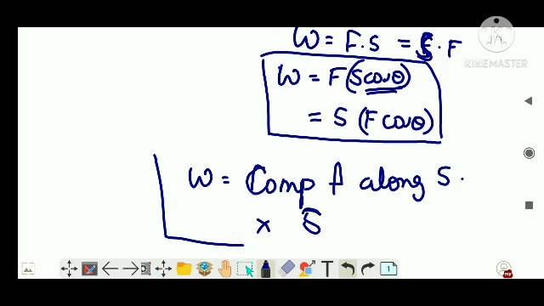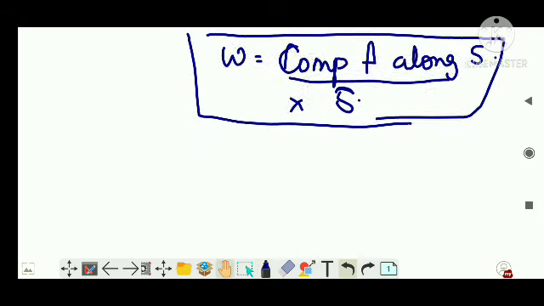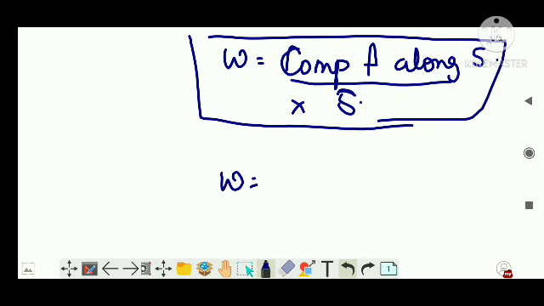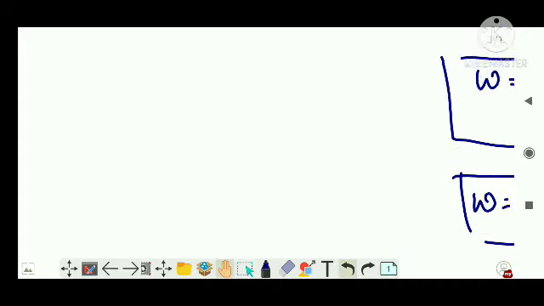That is what we wrote earlier, that is F cos theta. The component of F along S is F cos theta, into S. That's how we learned. Now we can even write work as force into the component of displacement along force. Both are correct. That's what I meant. Clear? Now let's move on to the problem, guys.